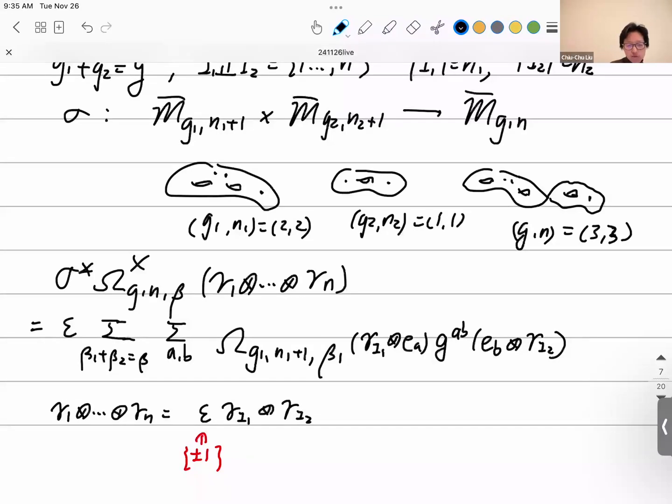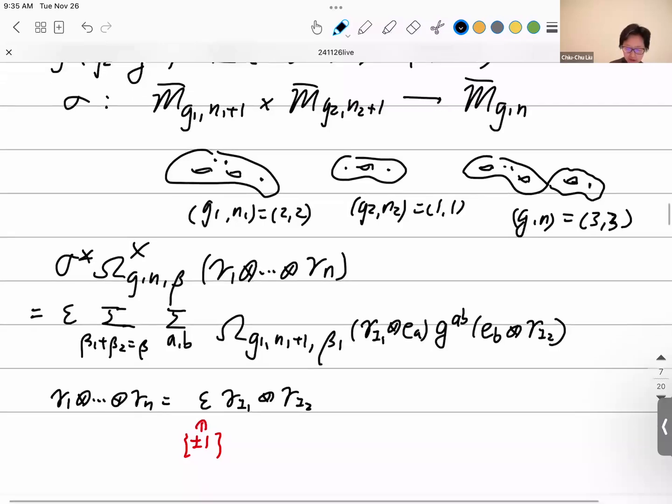We can glue them if the evaluation map at the last marked point is the same point in the target, so that we can glue them to form this map from a nodal curve.